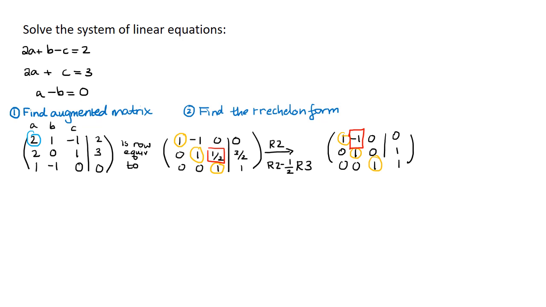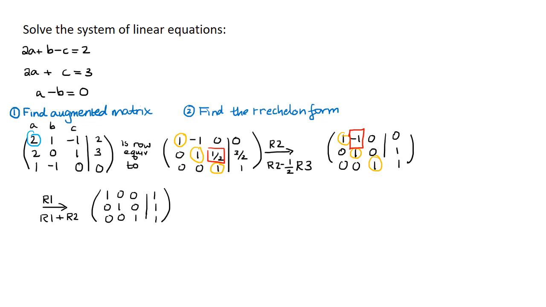We're going to do that by adding row 2 to row 1. So we're replacing row 1 with row 1 plus row 2. And you can see we are now in reduced row echelon form.